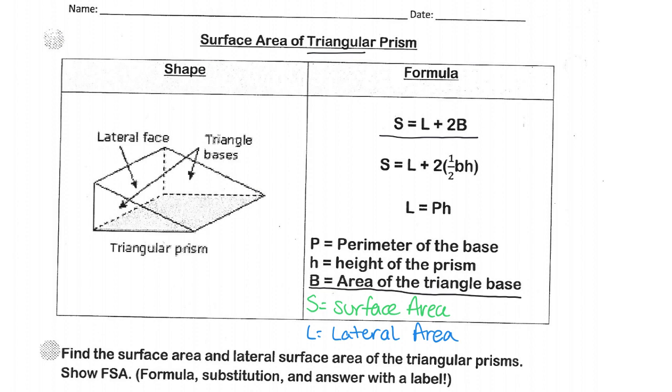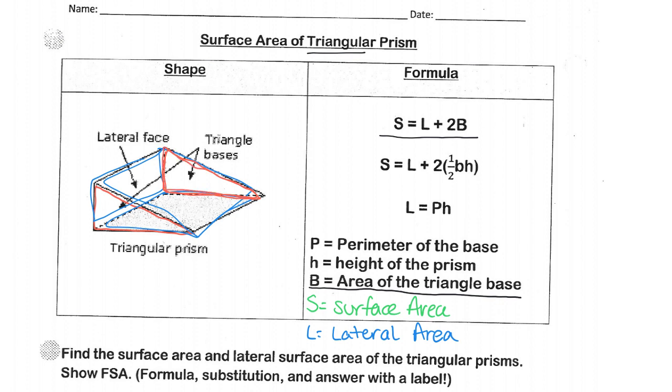So just like before when there was a square base, there's going to be a triangular base. So pretty much we're finding, again, the lateral area, which is all of the rectangular sides, plus the 2 bases, because surface area is all the sides.